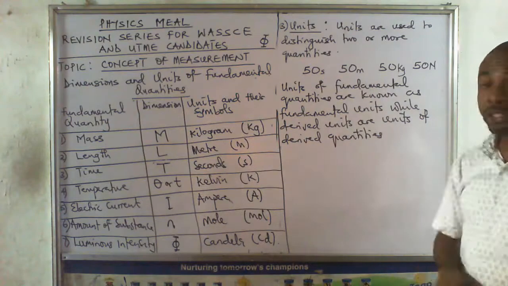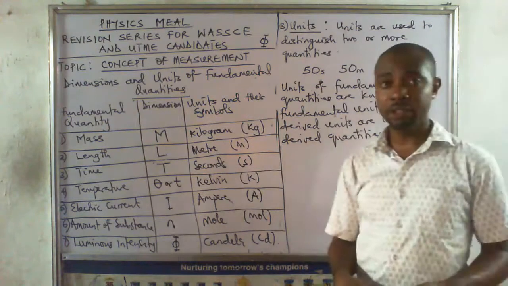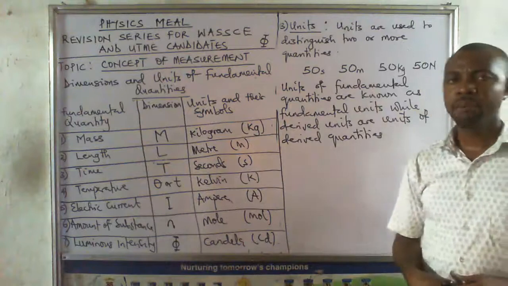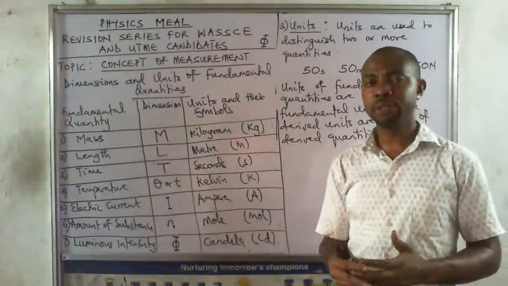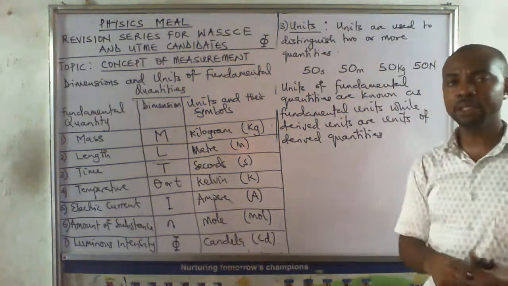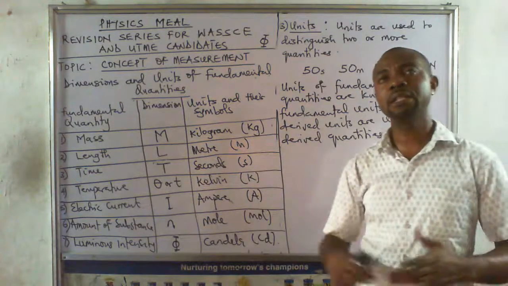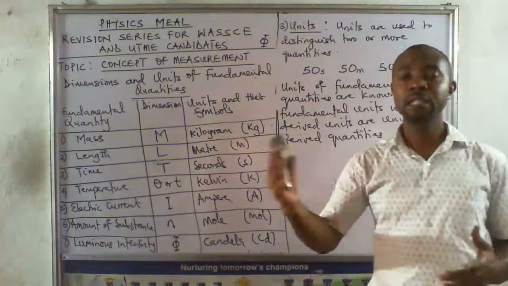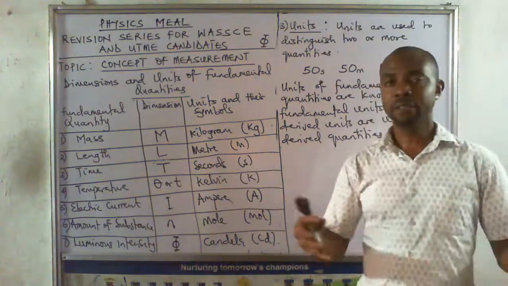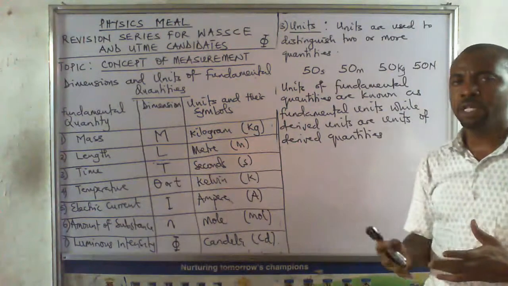All right, so far so good. I believe that you are enjoying this revision. So we're going to go on a break, but I want you to do something quickly. Just go through your past question quickly, glance through your past question. If you have a past question from the year 2000 to 2020, then it's important that you just go through the past question.